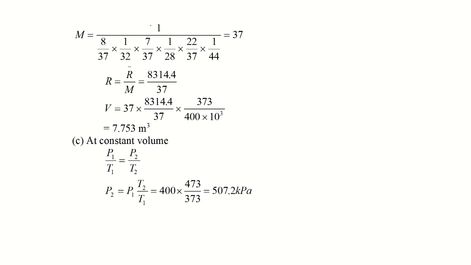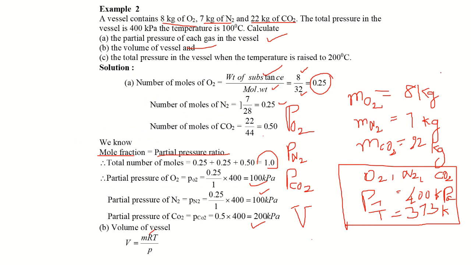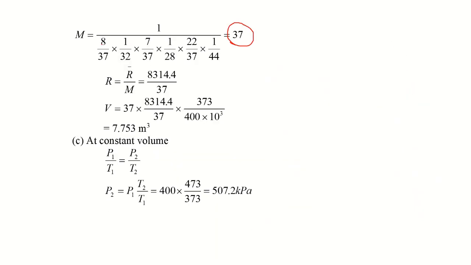From this equation, we can find out the molecular weight of the mixture, that is mass fraction divided by its molecular weight. We know that equation. So 8 plus 7 plus 22 is 37, the total mass.